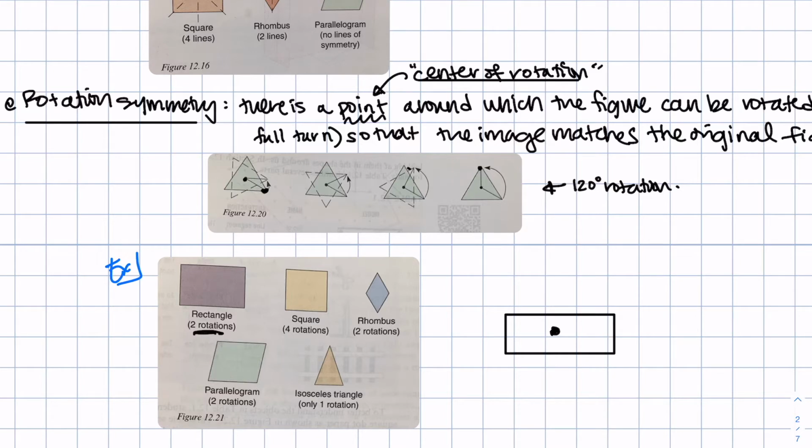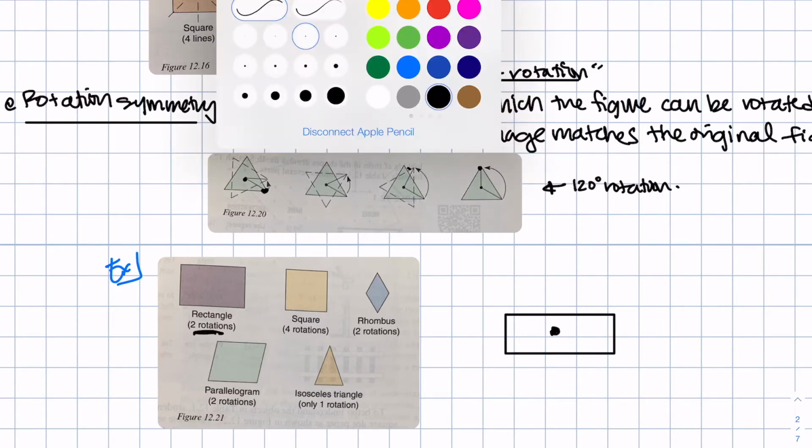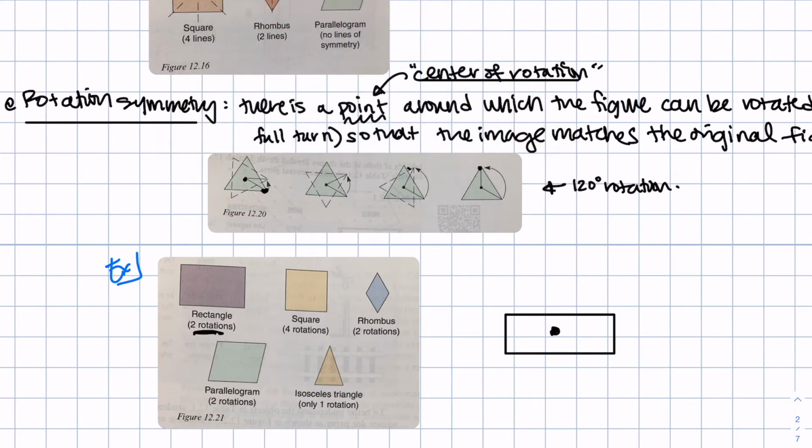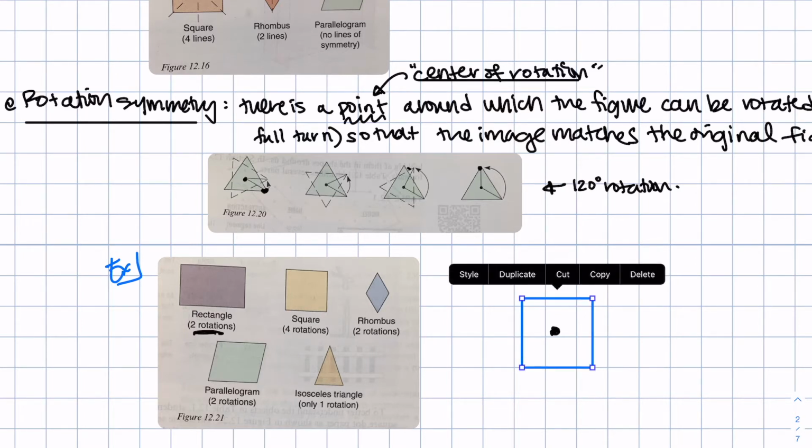I think it's most helpful if you can color one of the sides or one of the pieces in your figure. I can't really do that and drag it all at the same time, but there are two rotations on that rectangle. For the square, we should have 4 rotations. So if I draw a square and pick that point in the center of the square and rotate this thing, now I can rotate 4 times.